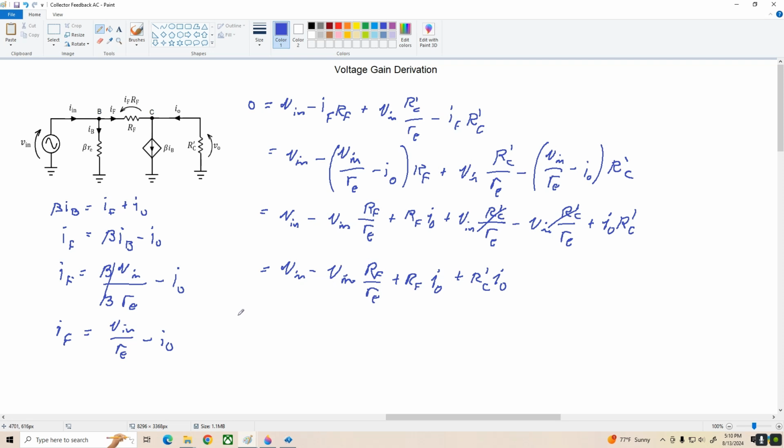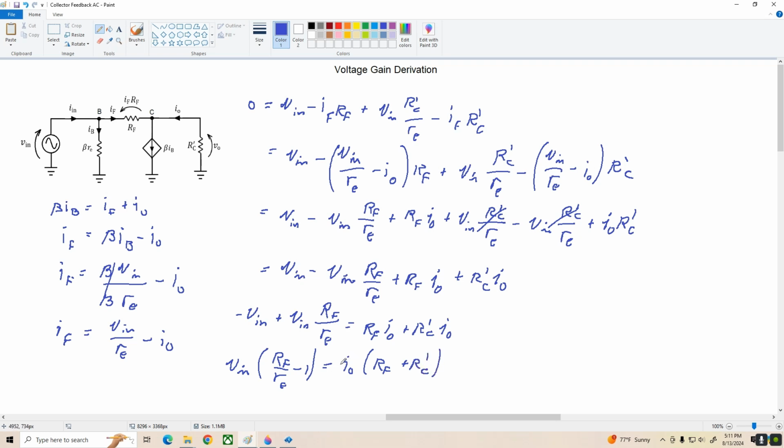So that gives me negative Vn plus Vn times Rf over little re equals Rf times I sub O plus R prime c times I sub O. And if we factor Vn from the left side and I sub O from the right side, we're going to get Vn times Rf over little re minus 1 equals I sub O times Rf plus R prime c.